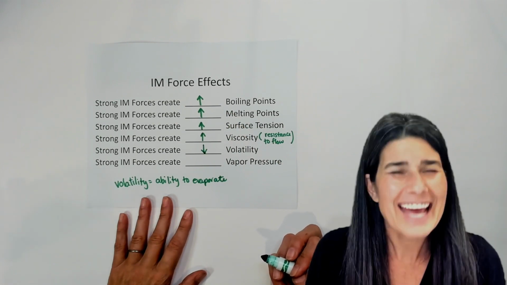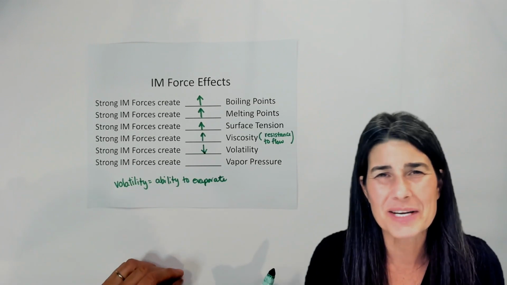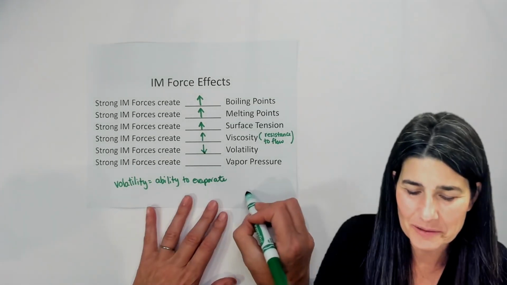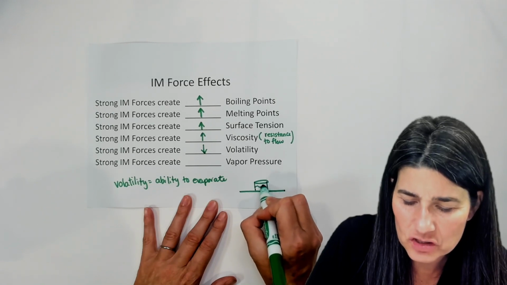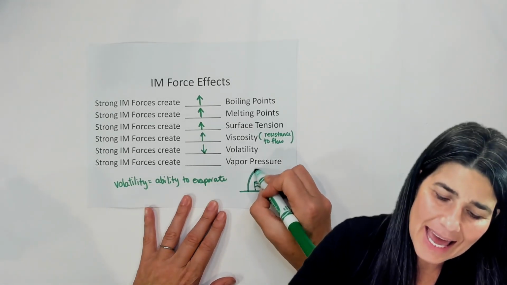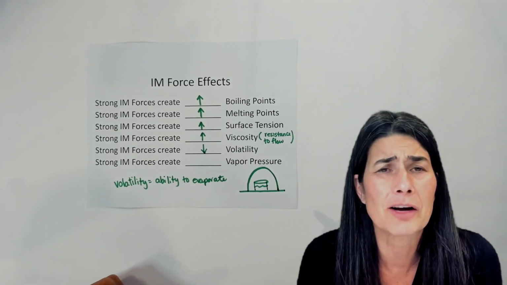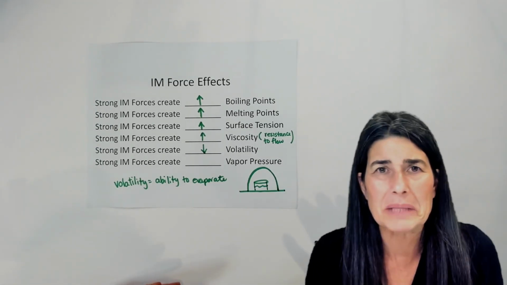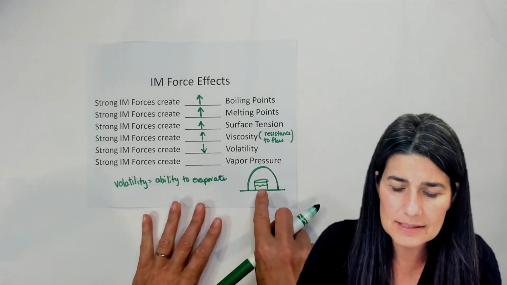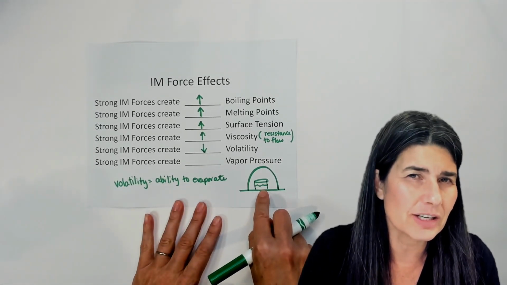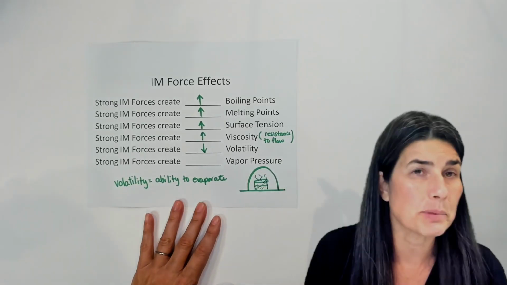Okay. And the last one's a little weird, vapor pressure. So let me try to explain what I mean by vapor pressure. Let's say you put a substance in a jar and then cap that jar. Put it in a container, kind of like a terrarium. If you had some water and some plants and you covered it with some glass, okay? Now, this substance inside this container might evaporate.